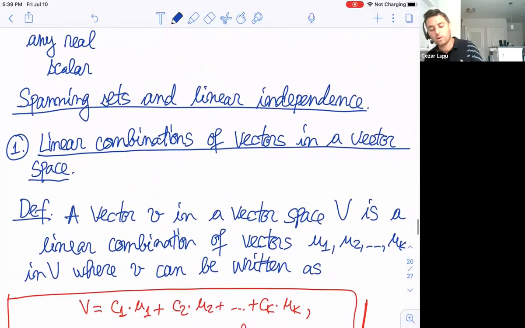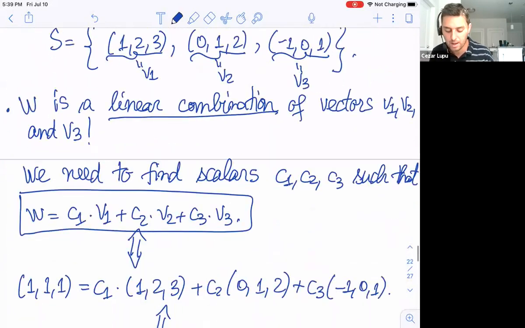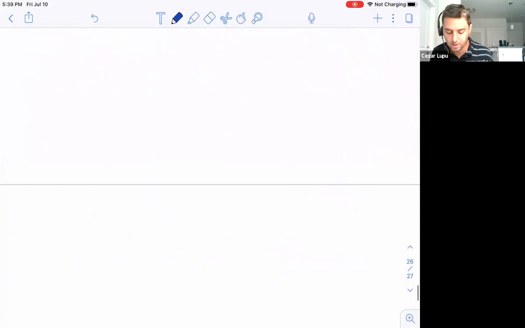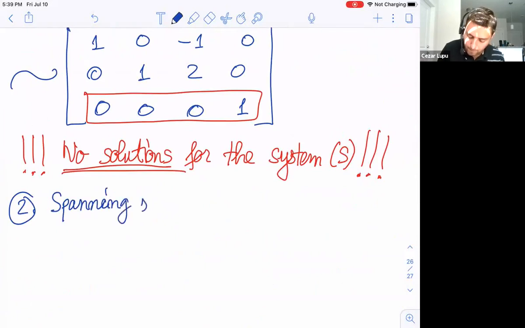So the second thing I want to talk about is, we talked about the first thing, linear combinations of vectors in a vector space. And now I want to talk about spanning sets in a vector space. So the second thing, spanning sets in a vector space.